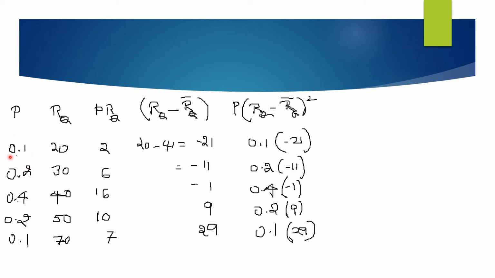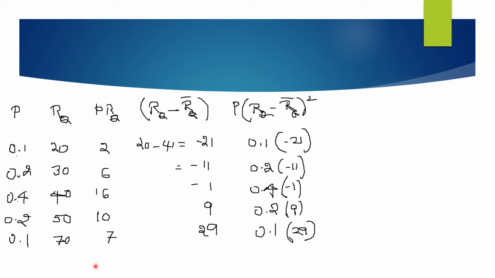To find the expected return from stock Q and the standard deviation, you have to multiply the probability and the return from Q. So 0.1 into 20 equals 2, 0.2 into 30 equals 6, 0.4 into 40 is 16, 0.2 into 50 is 10, 0.1 into 70 equals 7. Then RQ minus R bar Q.